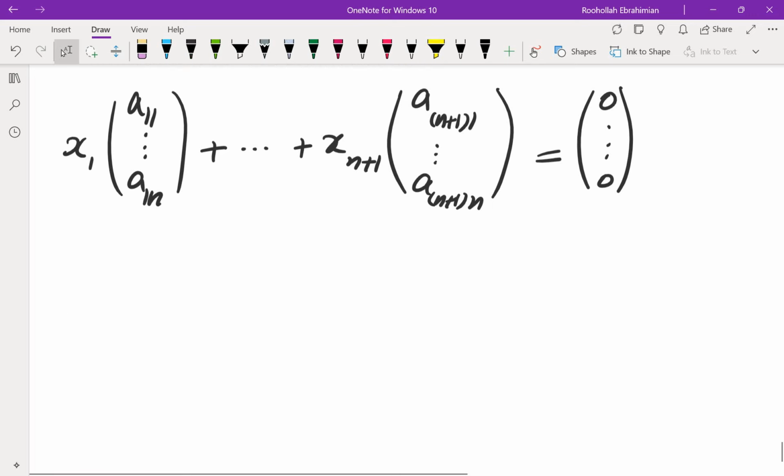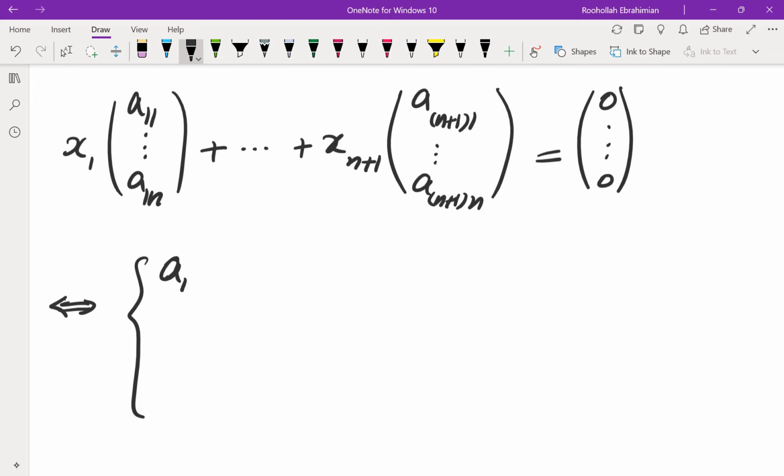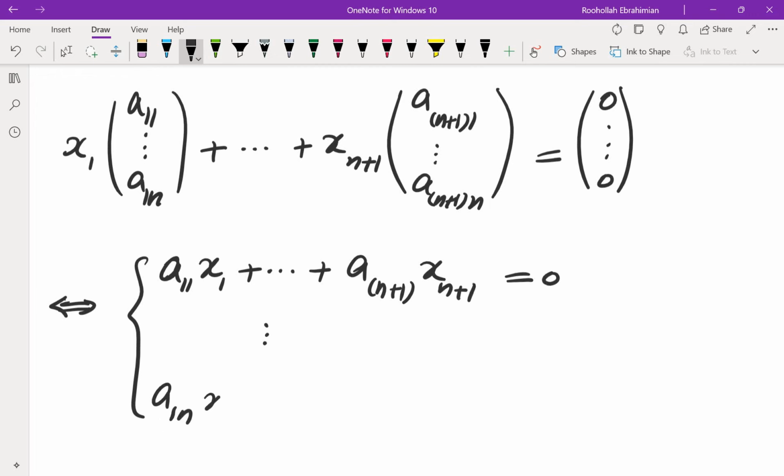So this is true if and only if a11 x1 all the way to a(n+1)1 x(n+1) is 0, and a1n x1 all the way to a(n+1)n x(n+1) is equal to 0.